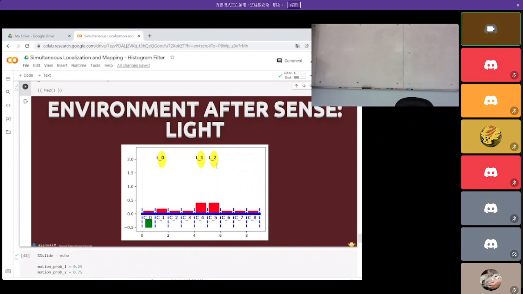So most likely I'm in one of those two. And in fact, we can calculate what that value is, 0.23 or something like that. So 23% probability here, 23% probability there. This one here is 0.0.